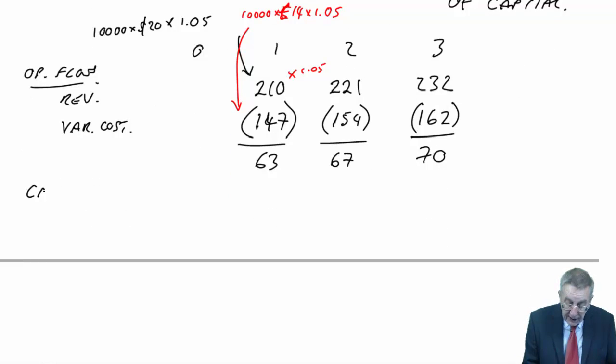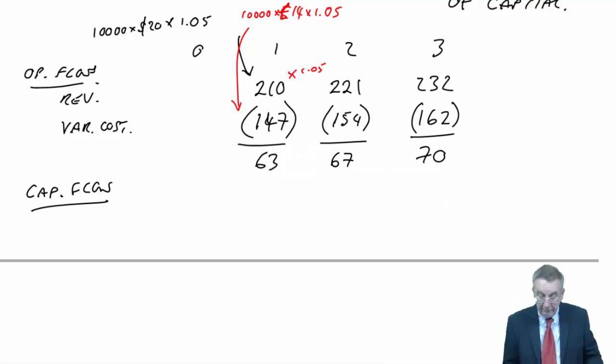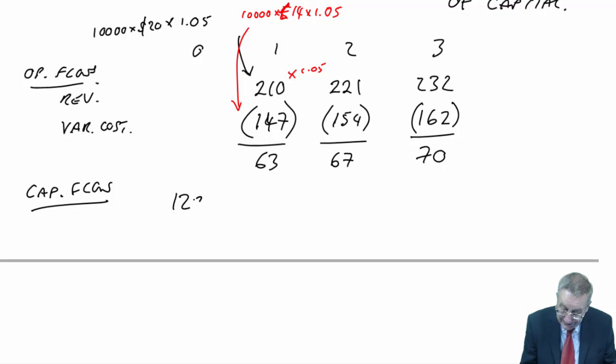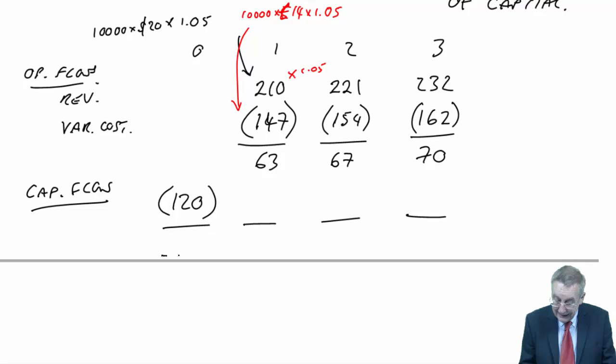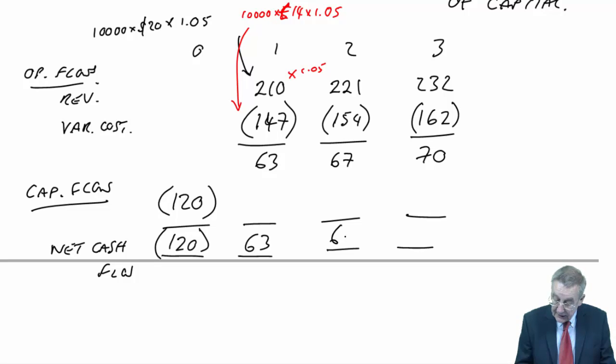We've got the capital flow, the original cost, of how much is it? 120,000. And so the net cash flow each year is minus 120, 63, 67, 70. And finally, I can discount.